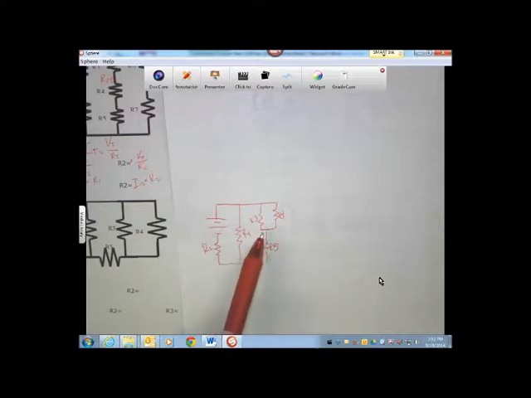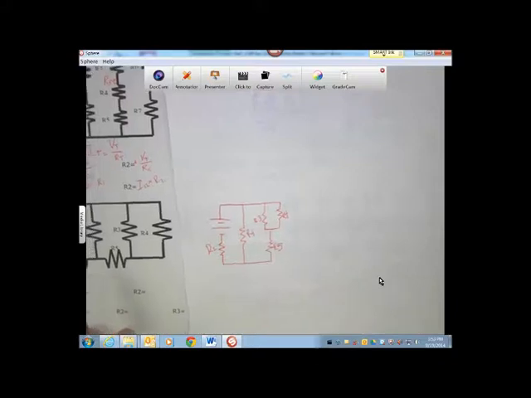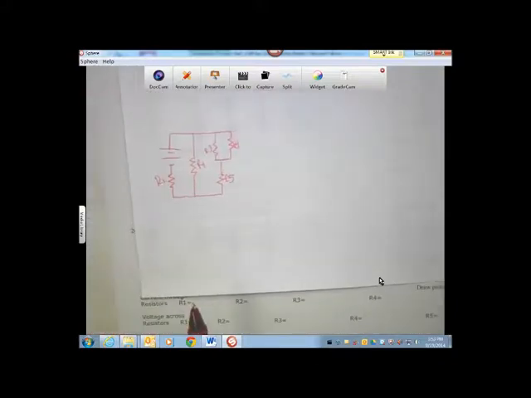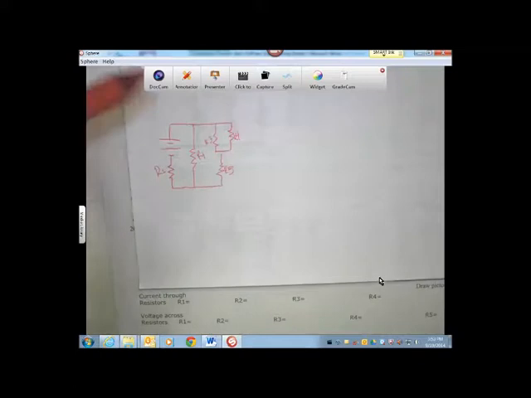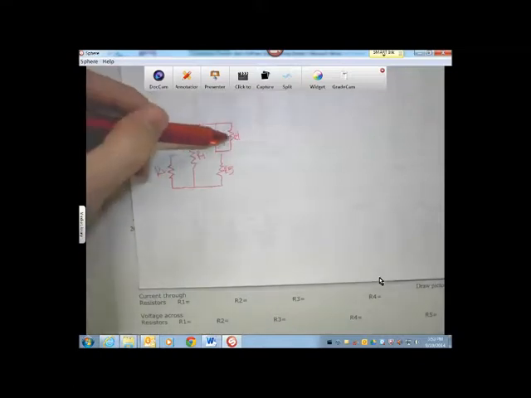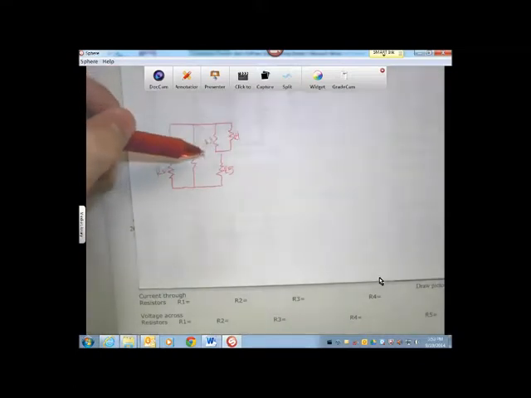So first we need to find the total resistance. And I'm going to work off this drawing here instead as I do my calculations. So first I need to combine R3 and R4 to get them to one resistor that I can put in series with R5.